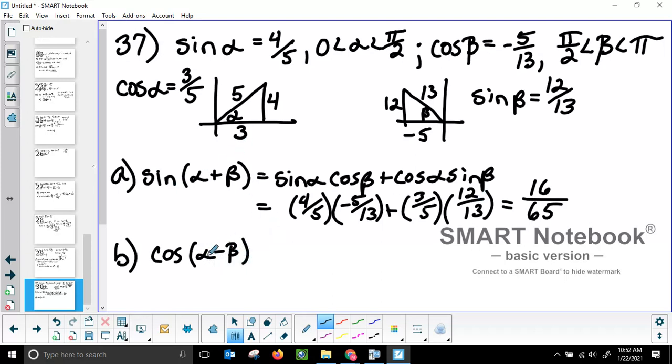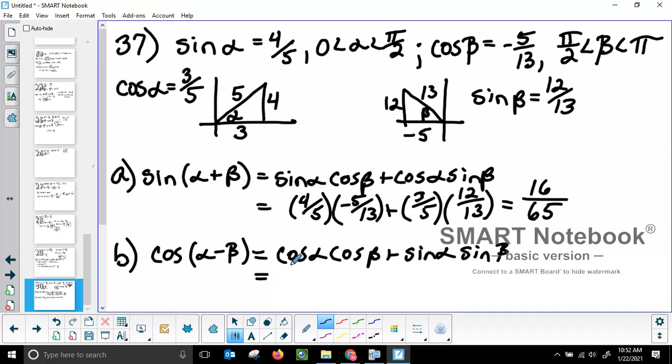B says to find cosine of alpha minus beta. All of these formulas, these trigonometric things, are going to be on a formula sheet that you're going to be given, so don't worry about memorizing all of that. This will be cosine of alpha, cosine of beta, plus sine of alpha, sine of beta. So again, you just plug in these numbers.